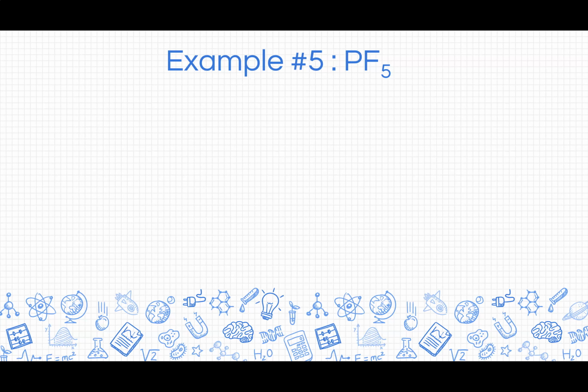Okay, and then real quick, let's get to this one. PF5. Can P exceed the octet rule? Yes, because it's in period 3, so it does have space for d electrons, which means it would make this. And then PF5 loads everything up with 8 electrons like this.